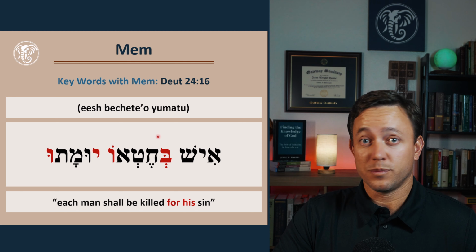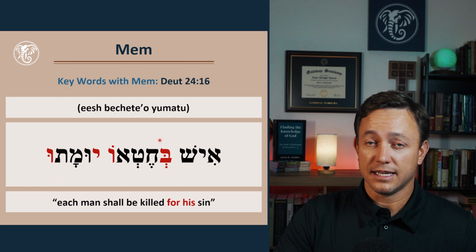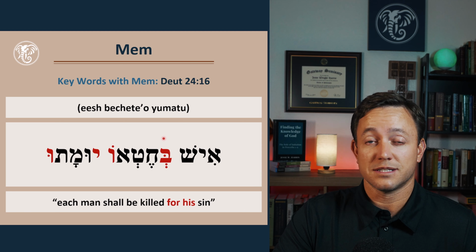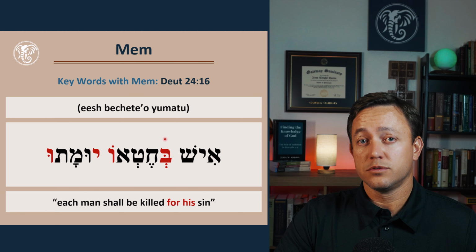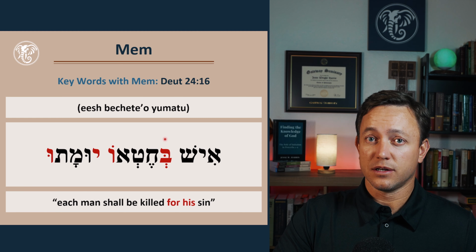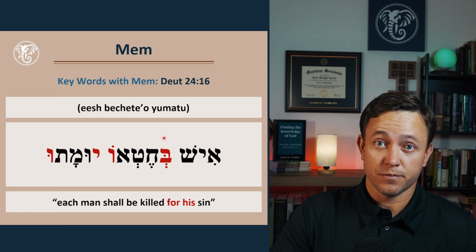That wouldn't be allowed because the father is not liable. He's not guilty. He's not the offender. He's not the one who is in sin. And so actually much of the law is really meant to cap what can be done rather than to say what you have to do.